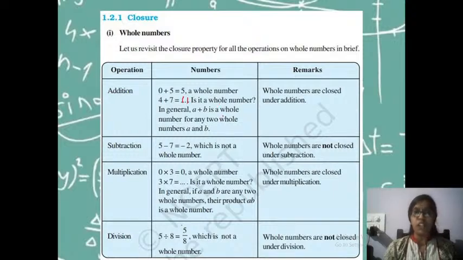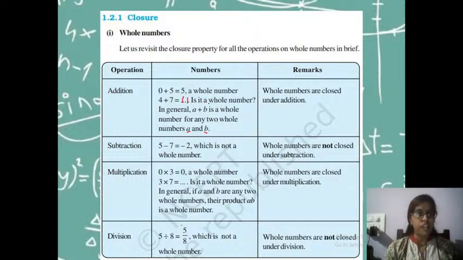So in general, a plus b is a whole number for any two whole numbers a and b. In general, we have to take an unknown value, so we have to consider some variable there. For this we are considering a and b. You know about variables, right? That is an unknown value, where we use small alphabets. So a and b are whole numbers here.